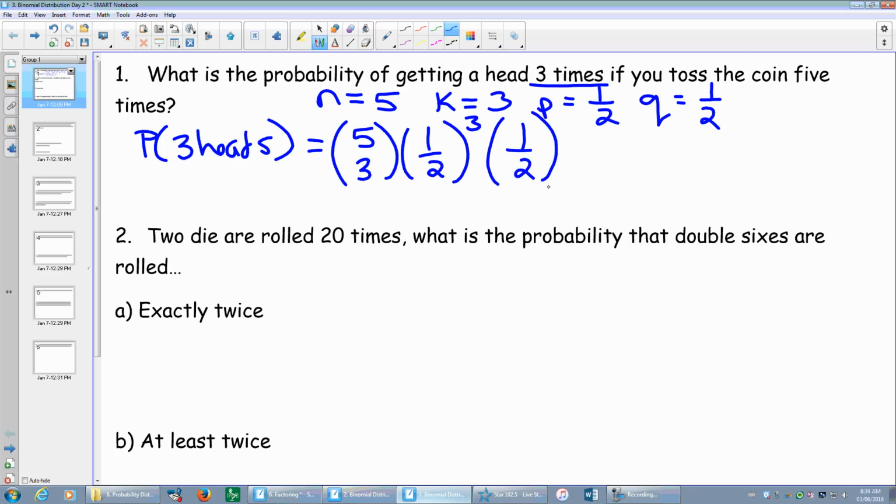So we had our general formula yesterday, which is n choose k times the probability of p to the exponent k times the probability of q to the exponent n minus k.